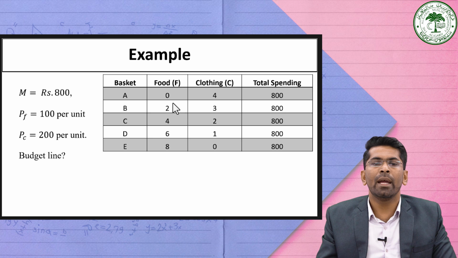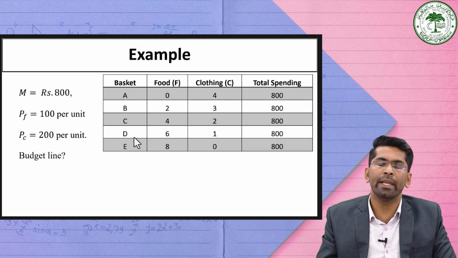In a similar way, if he purchases combination B, or basket B, he can go for 2 units of food and 3 units of cloth by using the 800 rupees of income. If he goes for combination C, then he can purchase 4 units of food and 2 units of cloth using the same 800. Similarly, combination D as well.